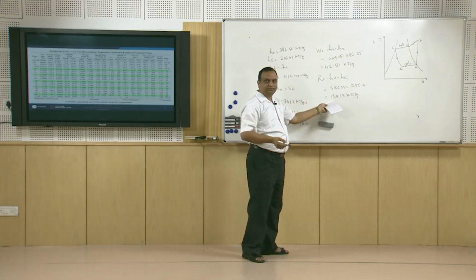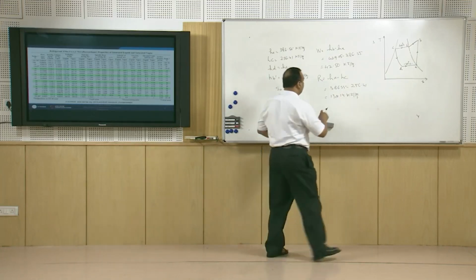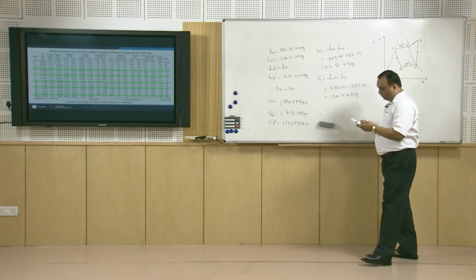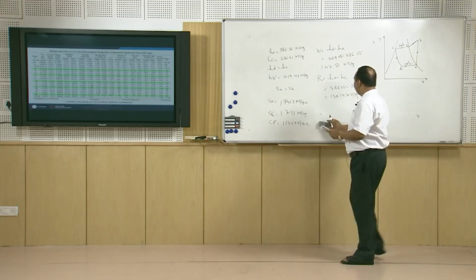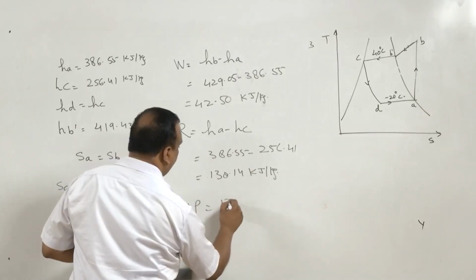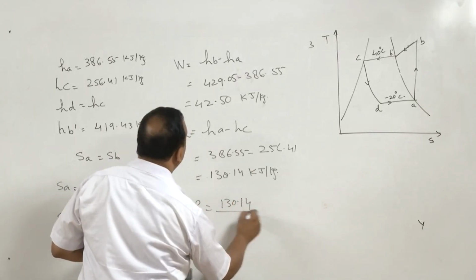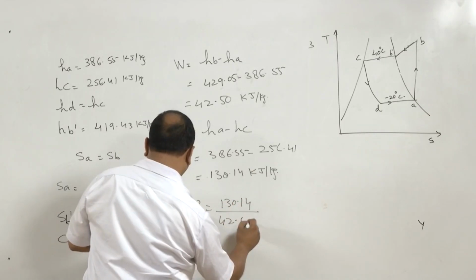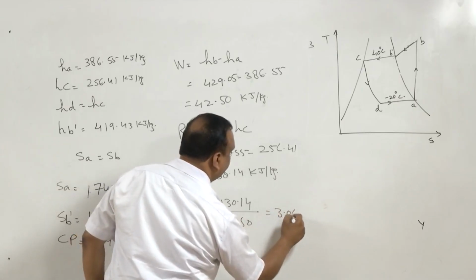So, if you multiply this by 1 kg per second, we will be getting 130.14 kilowatt. Now, COP of the system is 130.14 divided by 42.50, which is equal to 3.06.